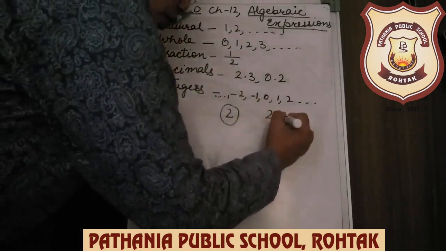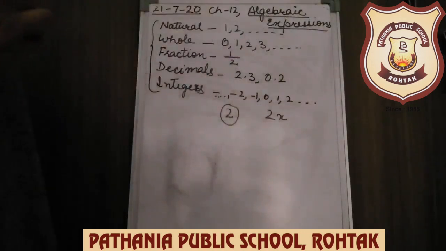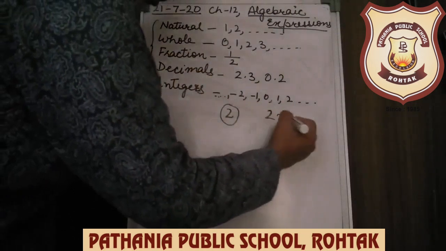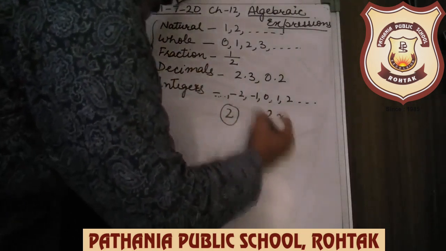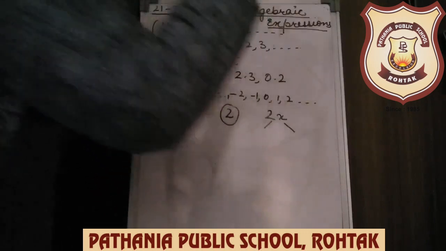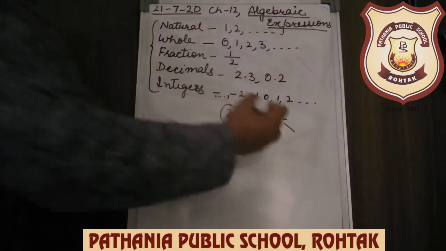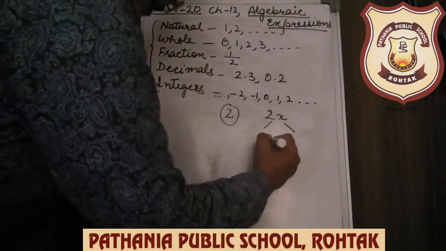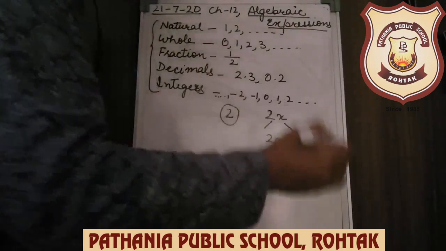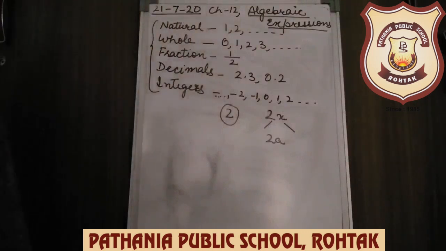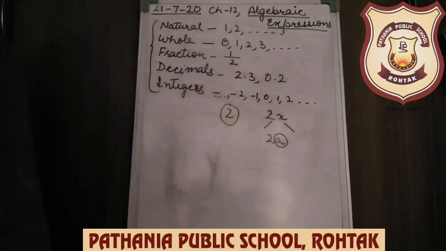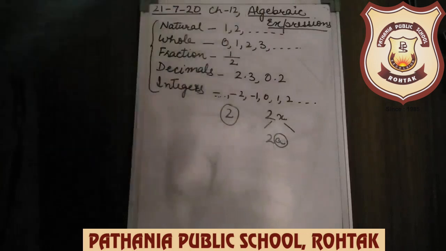So this is called your algebraic expression. When it is read as 2x, this is the number and this is the letter of the English alphabet. These are always written in small letters. So you can write any variable, any letter of the English alphabet is going to be part of the algebraic expression along with the number.